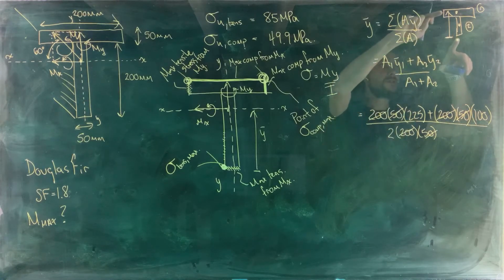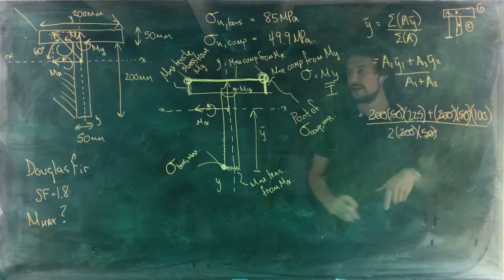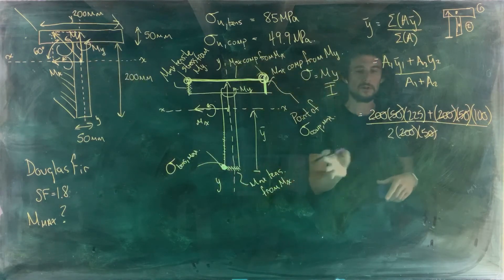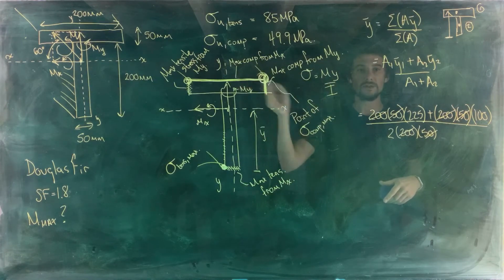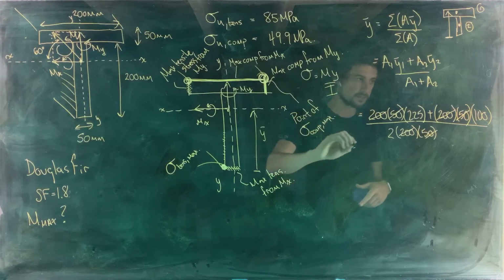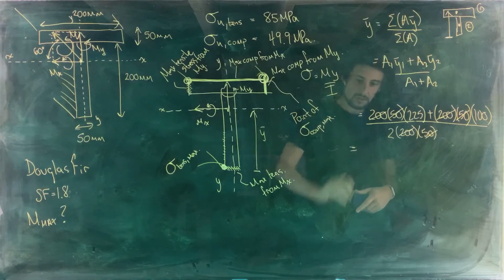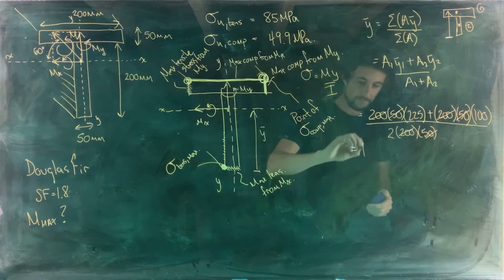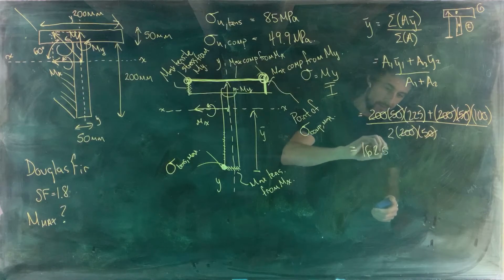Why? Because both pieces have the same cross-sectional area. In cases where both pieces have the same cross-sectional area, the overall centroid location is just an average of the centroid locations for the individual pieces. So that gives us 162.5 millimeters.